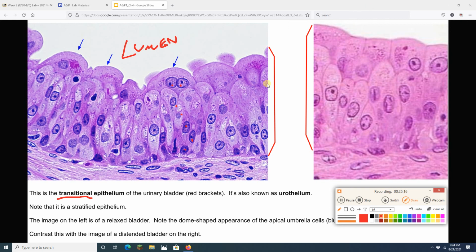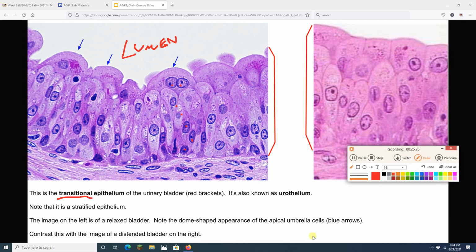When the bladder is relaxed and kind of empty, the cells at the lumen, so the apical cells, have this dome-shaped appearance. These guys are actually called umbrella cells because someone said they look like an umbrella. Maybe you can see that. You put a little thing right there, have a person holding the umbrella, happy in the rain.